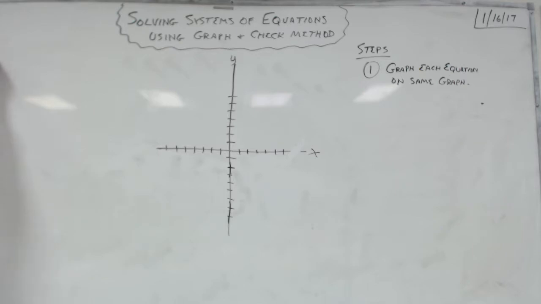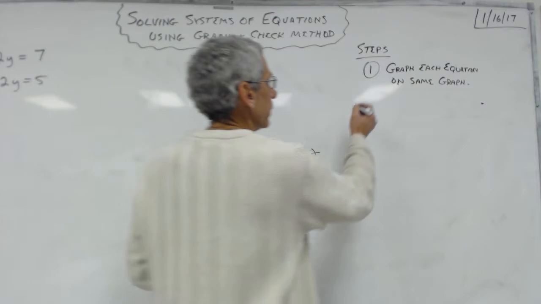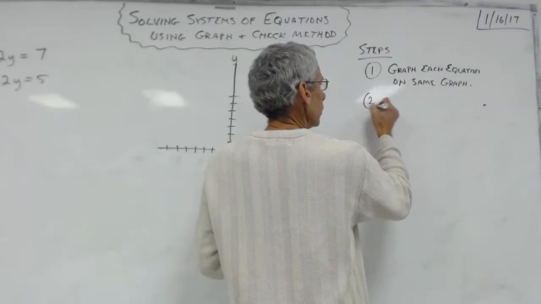Notice you only have one step. x plus 2y is equal to 7, and 3x minus 2y is equal to 5. So you guys should write that down in your notes. Gary, you should change steps to just step, because it's just one. Graph each equation on the same graph.